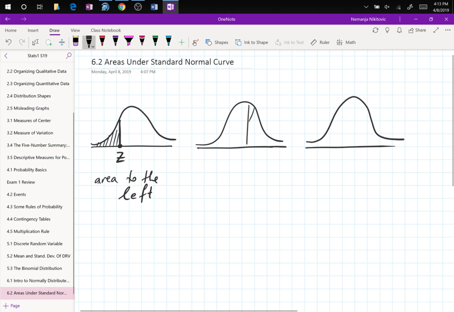Then we will consider the case where you look up a z-score and then read the area to the right. And finally, we take a look at 2 z-scores that give us area in between.